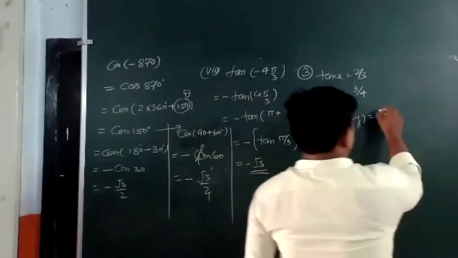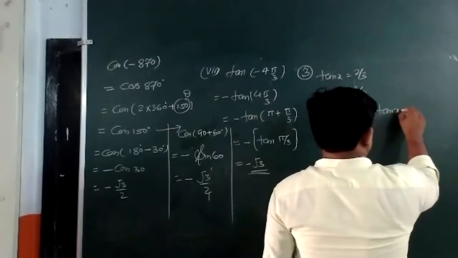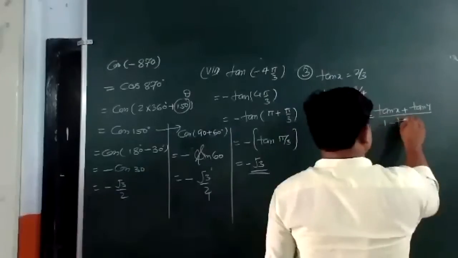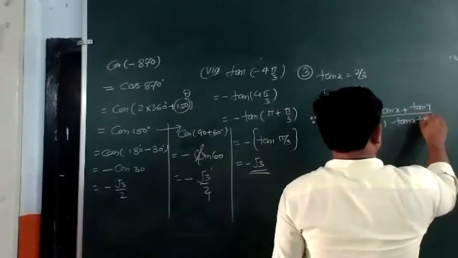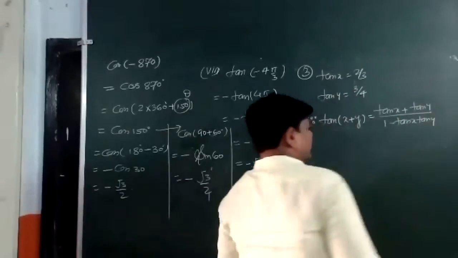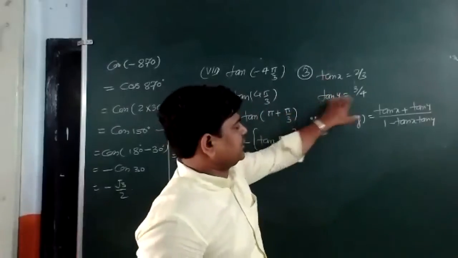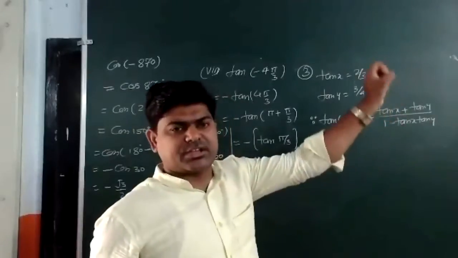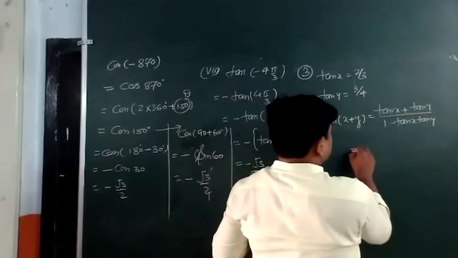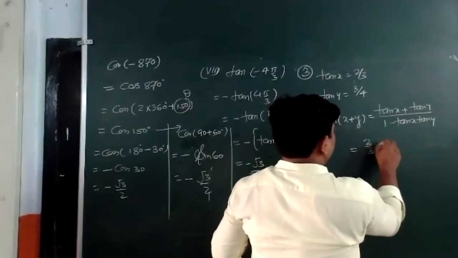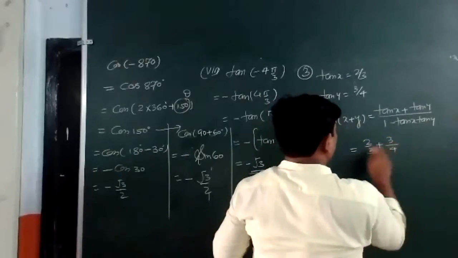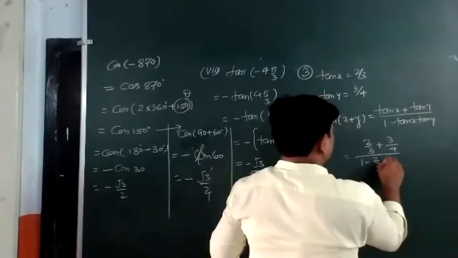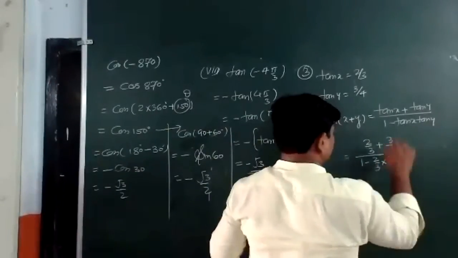The formula we are having is tan(x + y), which can be written as (tan x + tan y) upon (1 − tan x tan y). Now we can substitute the values of tan x and tan y here. After substituting, it is (2/3 + 3/4) whole upon (1 − 2/3 × 3/4).